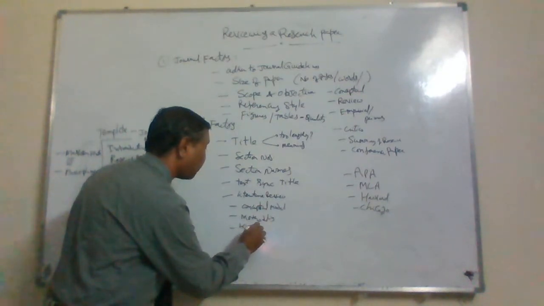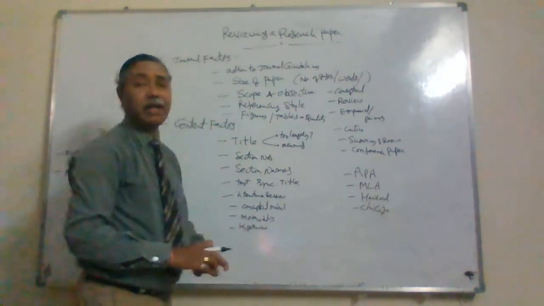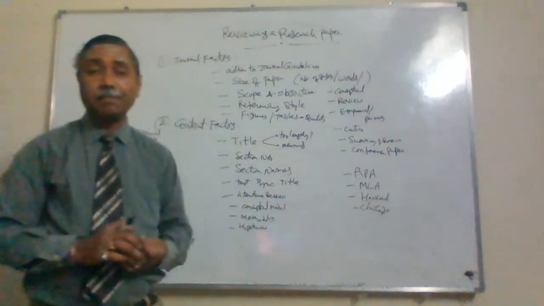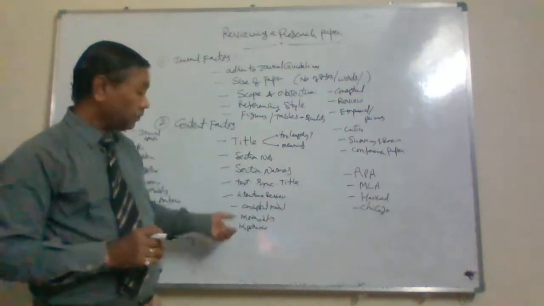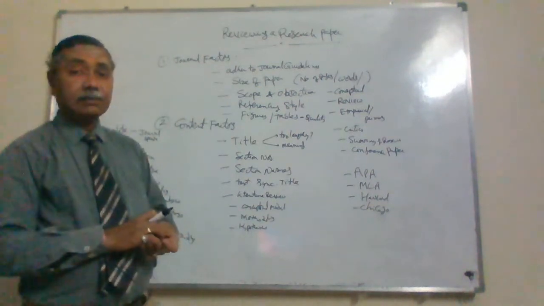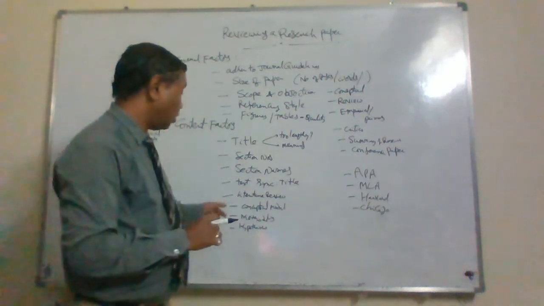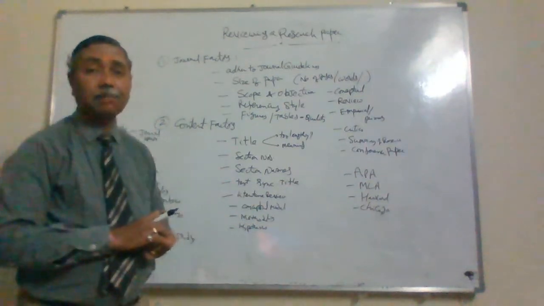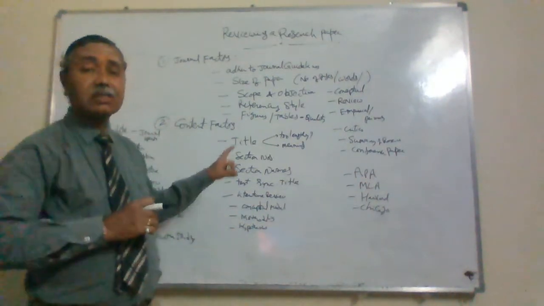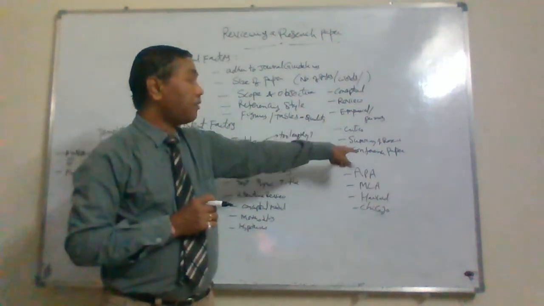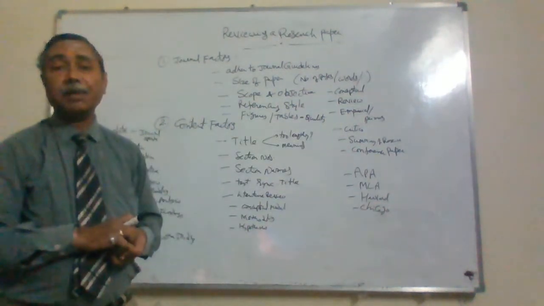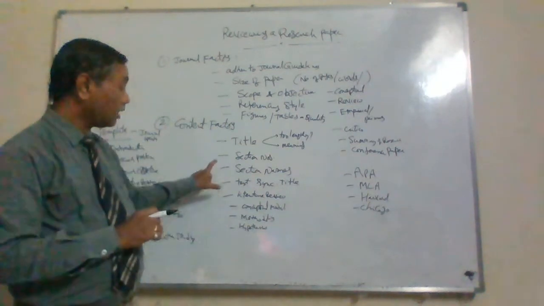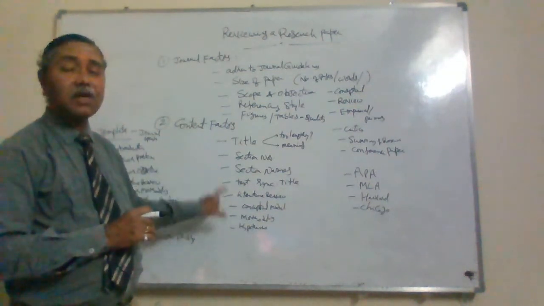If it is an empirical paper, the hypothesis should be there, right? If it is any primary research survey based paper, the hypothesis should be there. Sometimes the literature gap won't be there in some papers. So these are some of the key areas. It depends on which type of paper you are reviewing. Based on that, you have to look for different components.